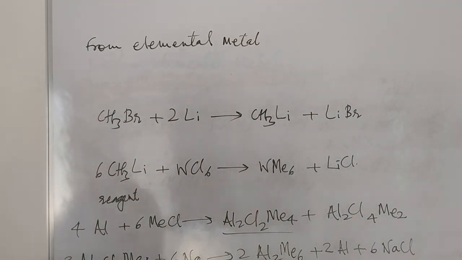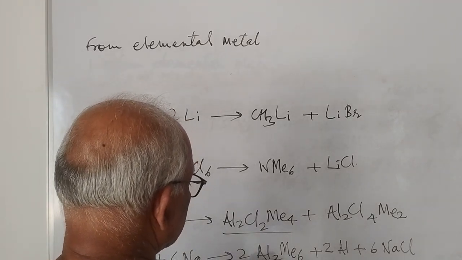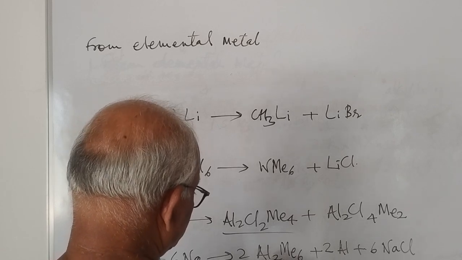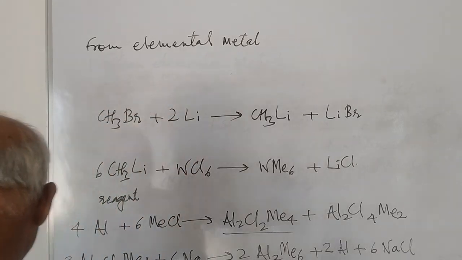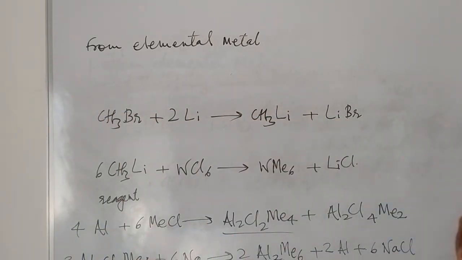So here we get this important product, that is aluminium complex Al2Me6. Now we will see another examples.